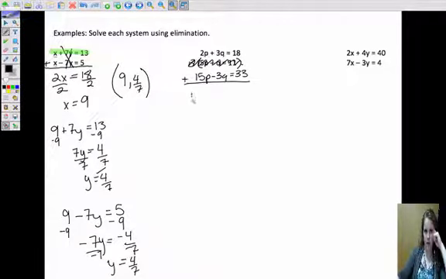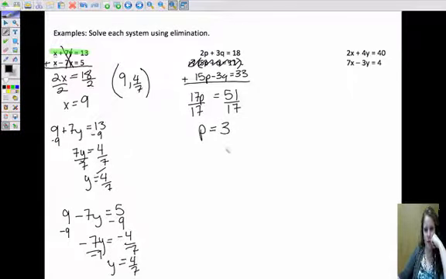So we'd have 17p, and then the 3q minus 3q would be 0, will equal 33 plus 18, that's going to be 51. Then divide by 17, excuse me, not 17p, p will equal 51 divided by 17, which gives us 3.